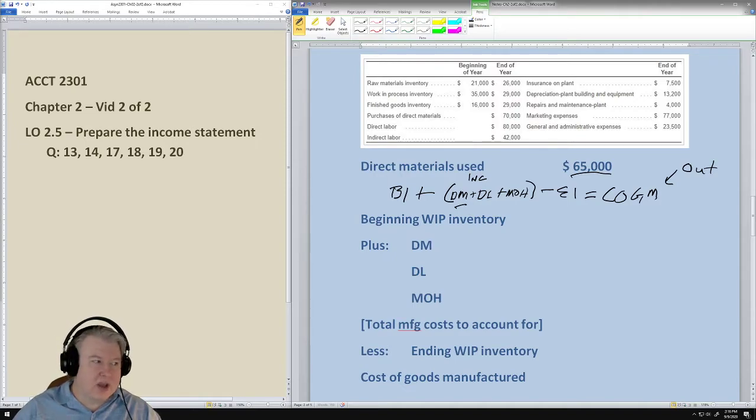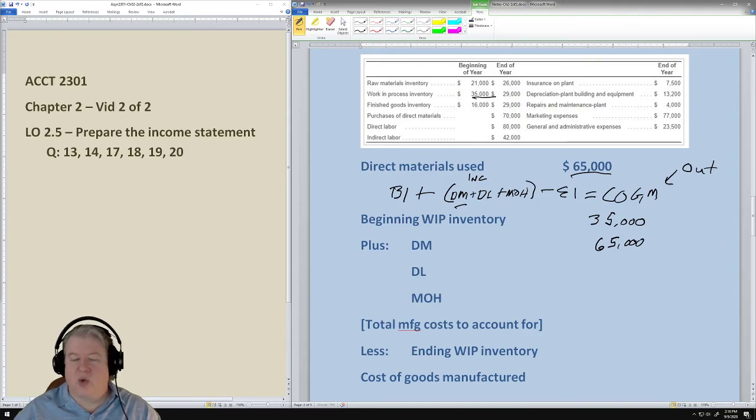So we start off with the beginning work in process inventory, and that's going to be 35,000. We just figured out our direct materials, right up here, 65,000. That was the amount that left the raw materials and entered into the work in process inventory.